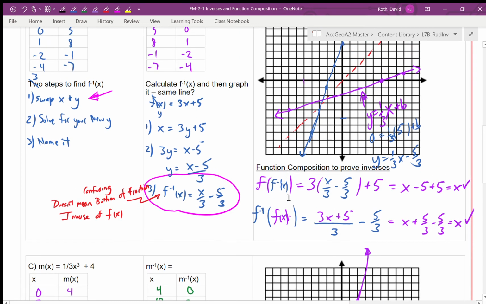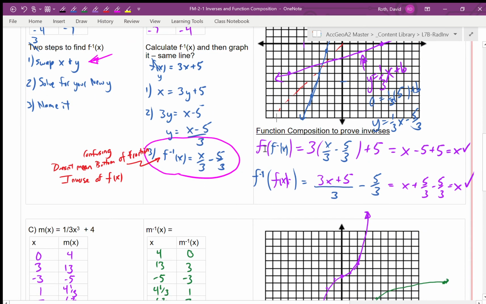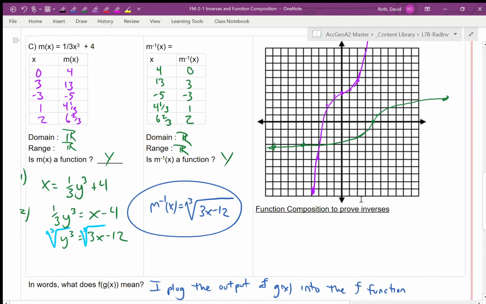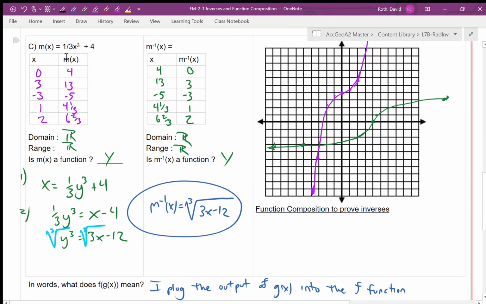Now, I went through the function composition to prove inverses again, and notice I still am color coding this, where blue is the original function, pink is the inverse function, and then plug the blue into the pink and the pink into the blue. Both ways you do it, you'll notice it composes back out to x. Anything new here? It's not just with quadratics and linears, it works for all different kinds of functions.